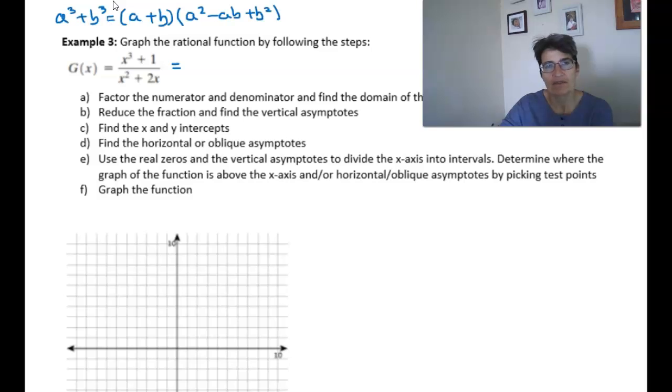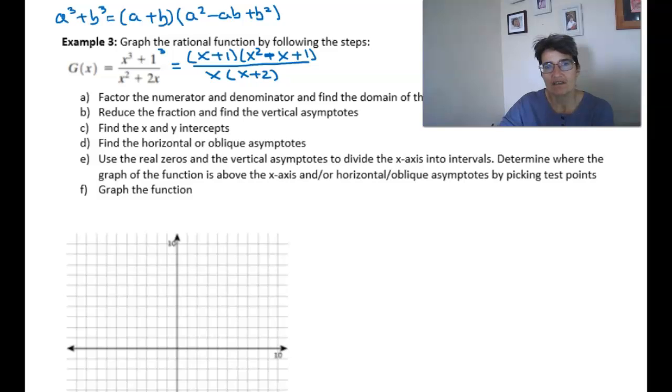So x cubed plus 1 cubed is our sum of cubes here. So this factors as x plus 1 times x squared minus x plus 1. And on the bottom, we can factor out an x, and this is x plus 2. Alright, so we factor the numerator and the denominator.